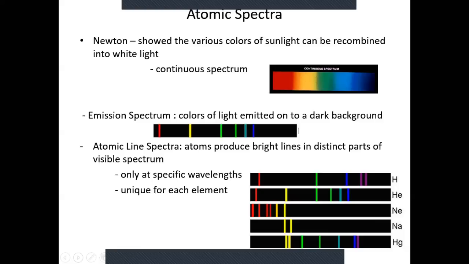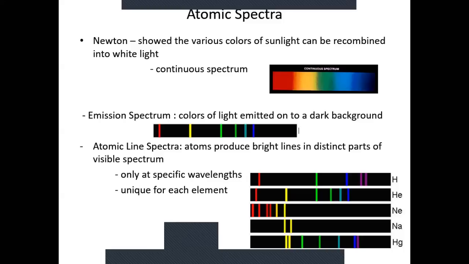But elements and atoms are a little bit different. Elements and atoms emit not a continuous spectrum, but a very discrete spectrum. So very discrete wavelengths of light are emitted when an electron in an atom moves, and that's referred to as an emission spectrum.